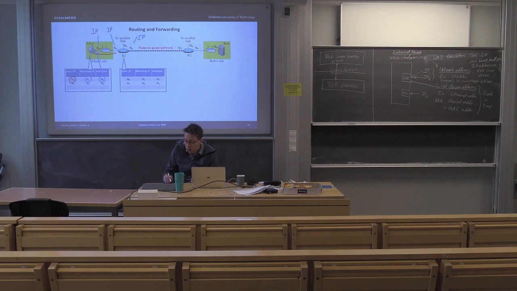Now, the packet has gone from here to here. What is the packet structure? The packet structure is actually like this: it's the source, then the destination, and then the data. This is the IP packet.